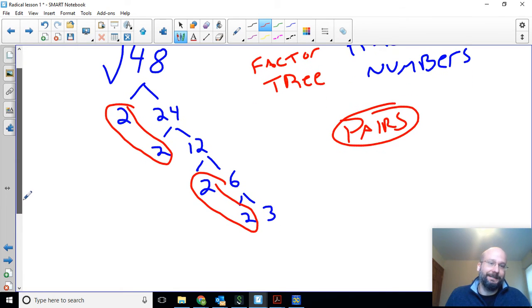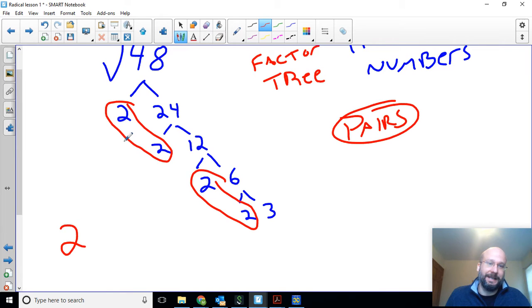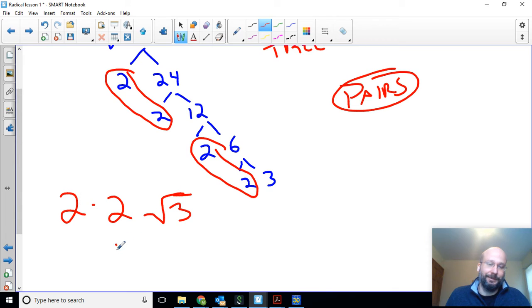So in this case, this 2 goes to the outside, this 2 goes to the outside, and we have 3 left over inside. So that stays inside. And then 2 times 2 is 4 root 3. There's 1 here, 1 here, and then the 3, because it doesn't have a pair, stays inside.